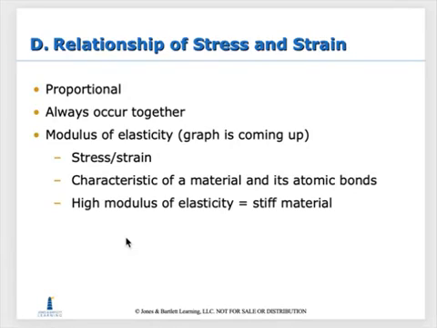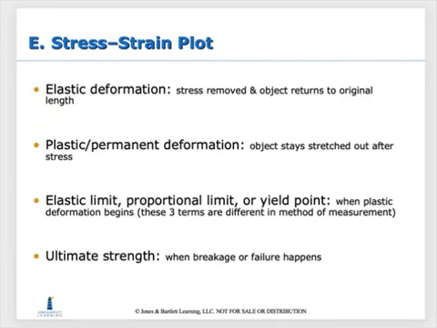So the way you can think of this is that stress is the force that's experienced by an object that can change its shape, while strain is that change in shape when that stress is applied. So there are different parts of the stress-strain plot.